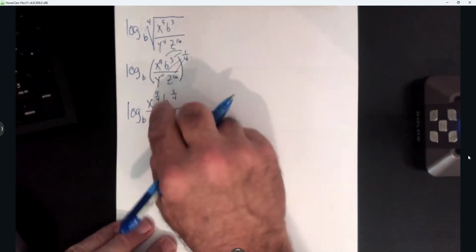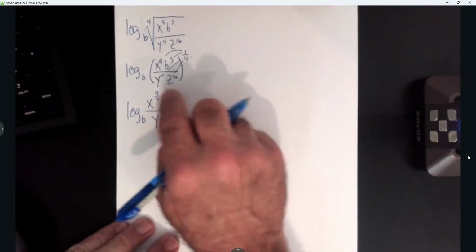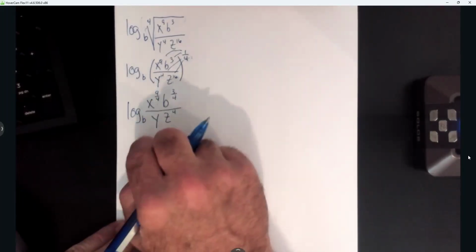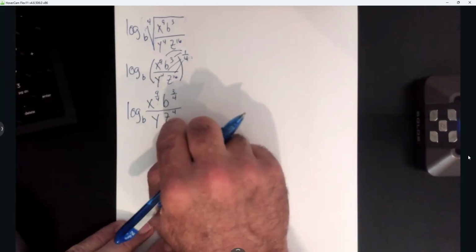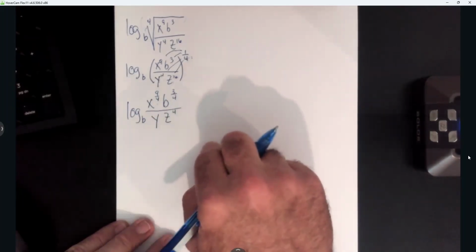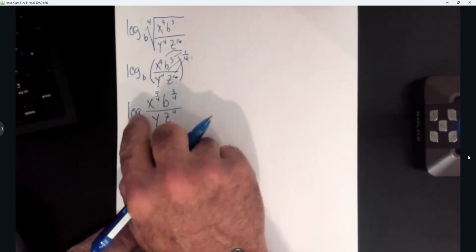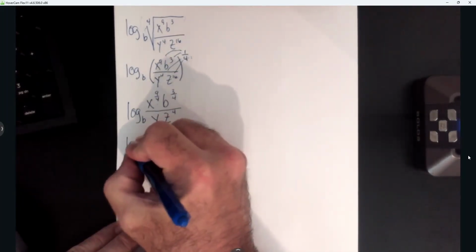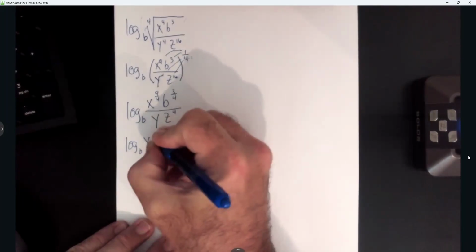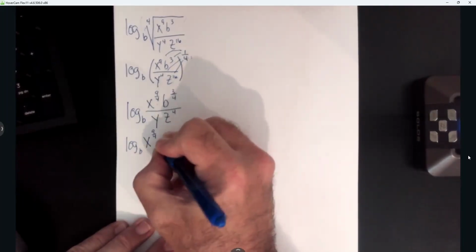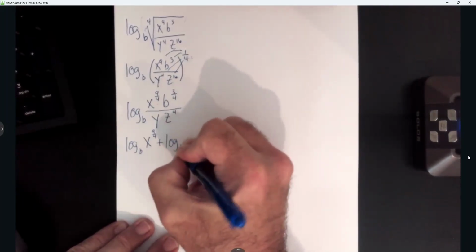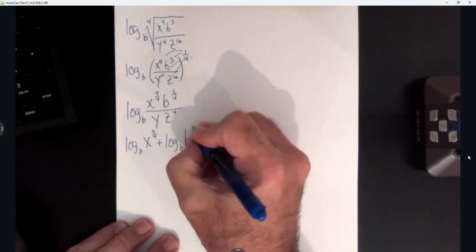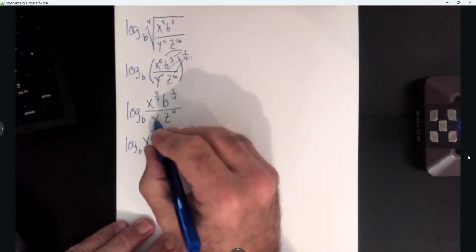All right, so this, now, if they're on top, they're going to be positive. The factors on bottom will be subtracted. And I'm going to distribute log B to every factor, okay? So I got a log B of x to the 9/4 plus a log B of B to the 3/4. These two are on bottom.